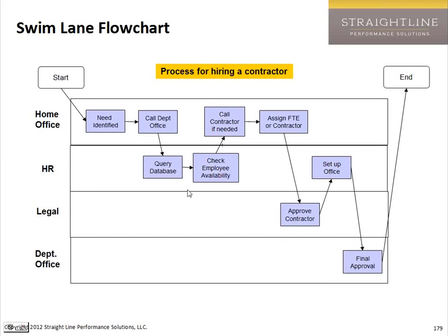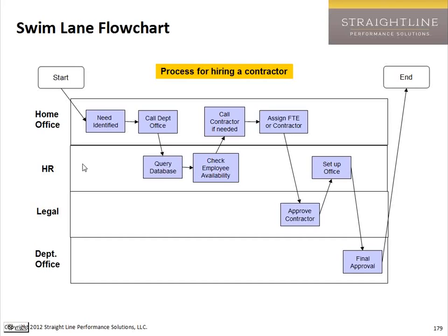These are great for perhaps finding where there's a lot of back and forth or lack of ownership of a process. One of the reasons why they're so ubiquitous is because they're helpful in illuminating where problems are. But having said that, they can be very, very complex very fast, and if they don't communicate well, they're not really going to set you up for making those improvements.